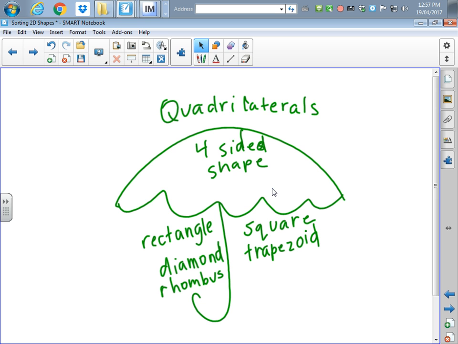These shapes all have 4 sides, but they're all different. So today we're going to look at how to classify them, how to organize them, looking at other parts of the shape, not just the number of sides.